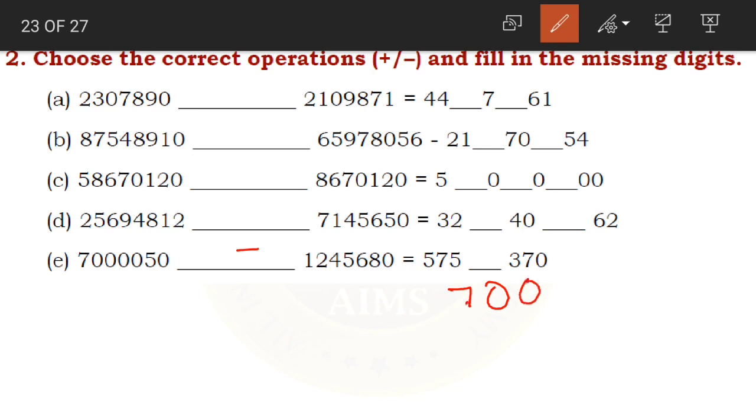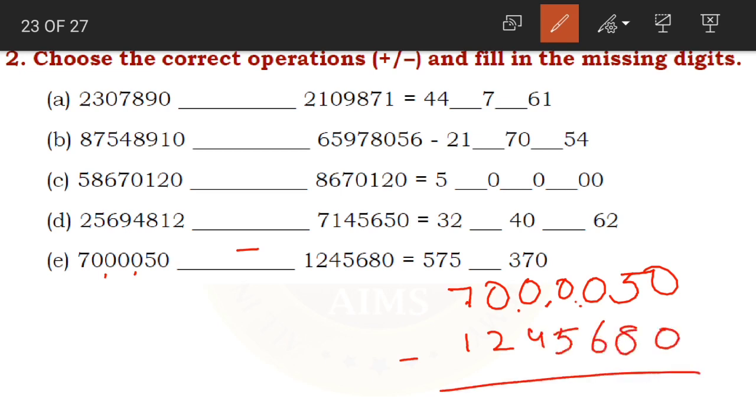7 crores 70 lakh 50. Is it 70 lakhs? Yes, it is 70 lakh 50 minus 12 lakhs 45,680. Now 0 minus 0, 0. 5 minus 8, that means we need to borrow. Now all these zeros become 9 and 7 becomes 6.